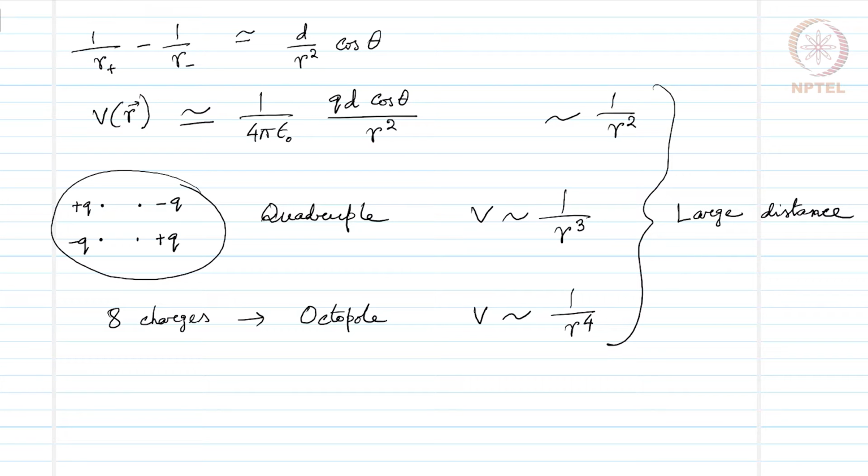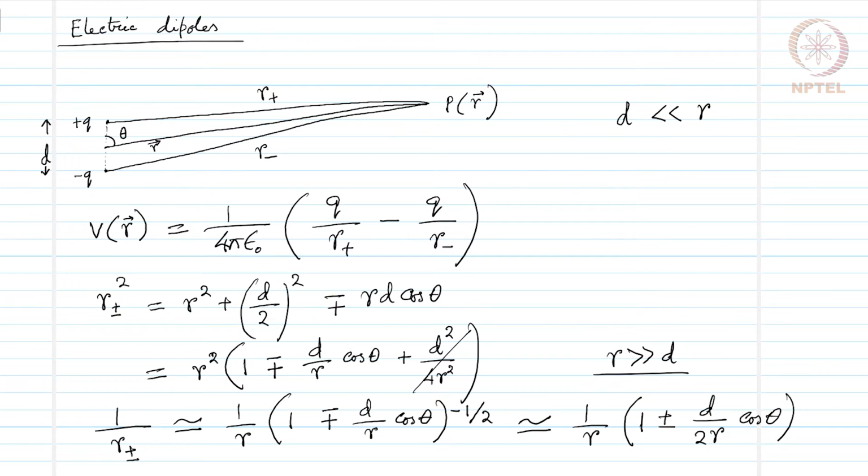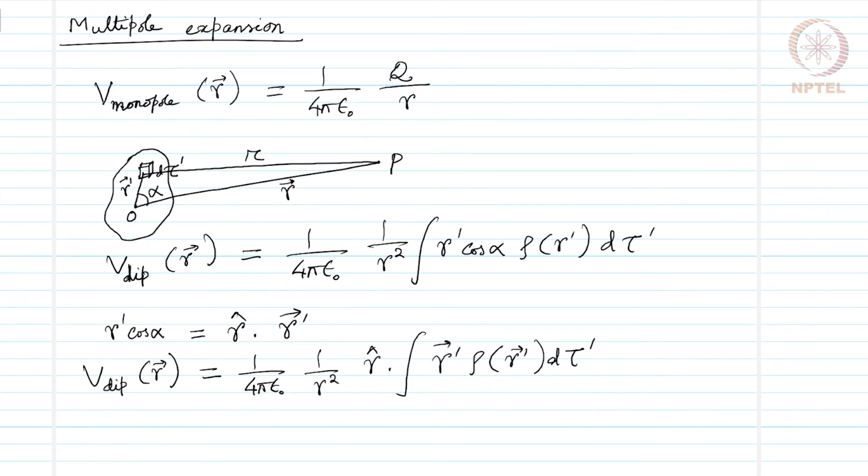So, dipole contribution will be the most dominant one, and still dipole contribution is far less dominant, far more rapidly decaying as compared to the monopole contribution. So, if the monopole contribution to the electric potential becomes 0, then we have the dipole contribution as the leading one, and that often corresponds to no total charge in the system. Still we have an electric potential and an electric field. That is quite interesting.